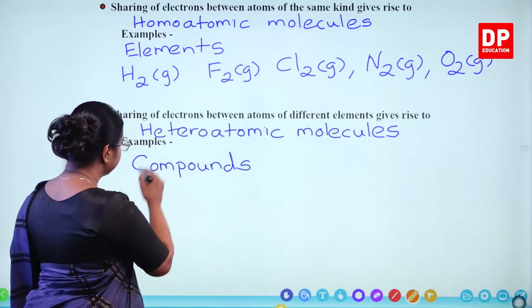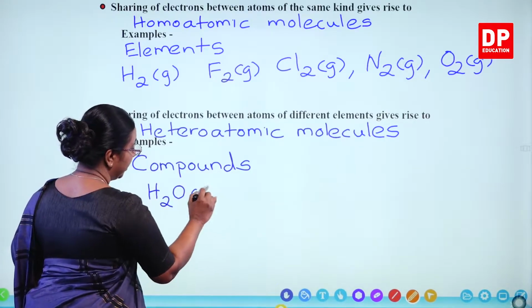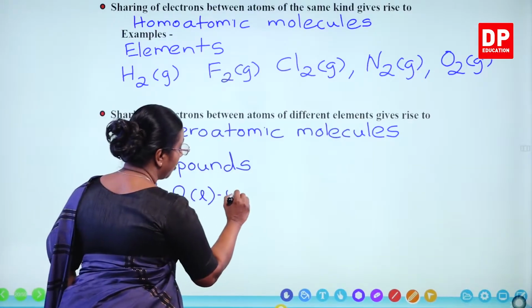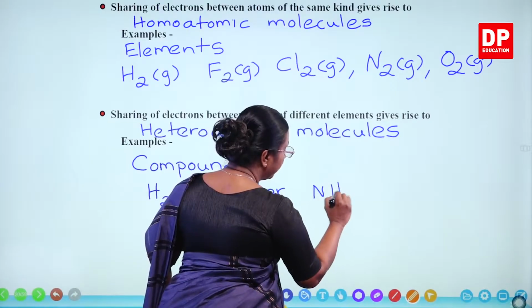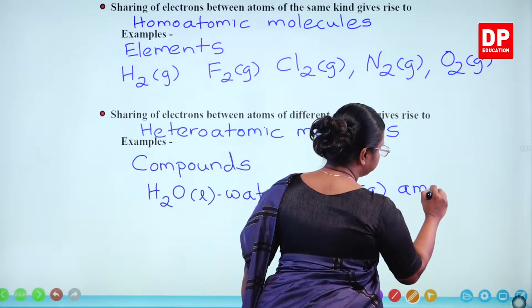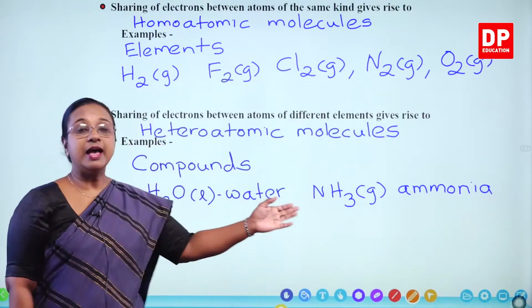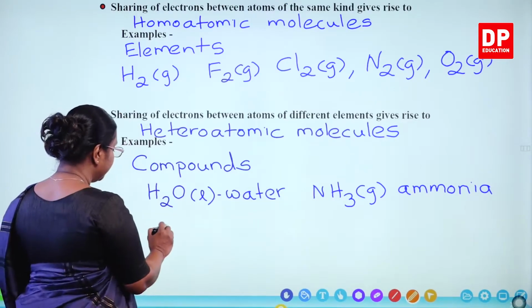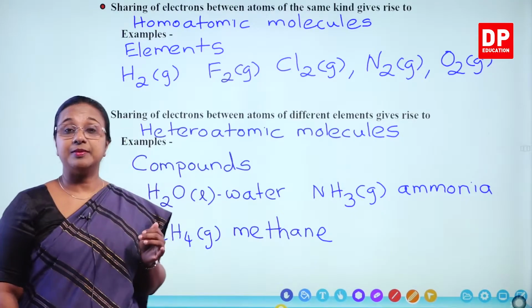Some examples that are familiar to you: H2O. H2O is a liquid, that is water. Then you can consider another example, ammonia, NH3, this is a gas. So water, ammonia, even methane, CH4, that is also a gas, and that again is a heteroatomic molecule.